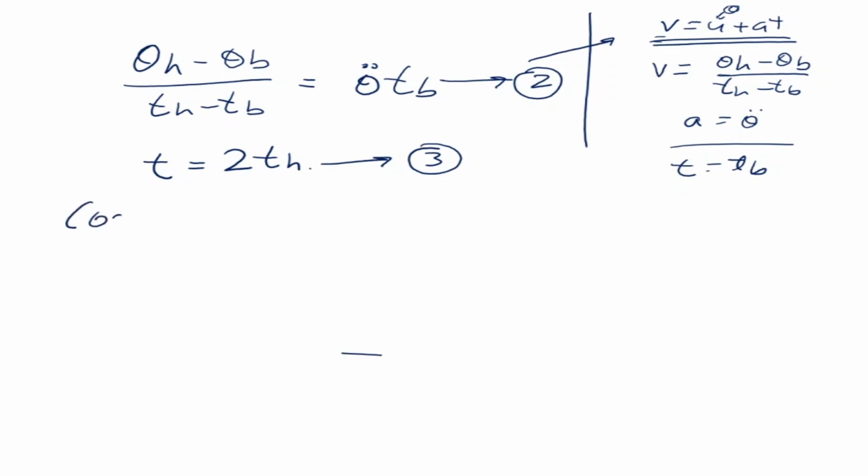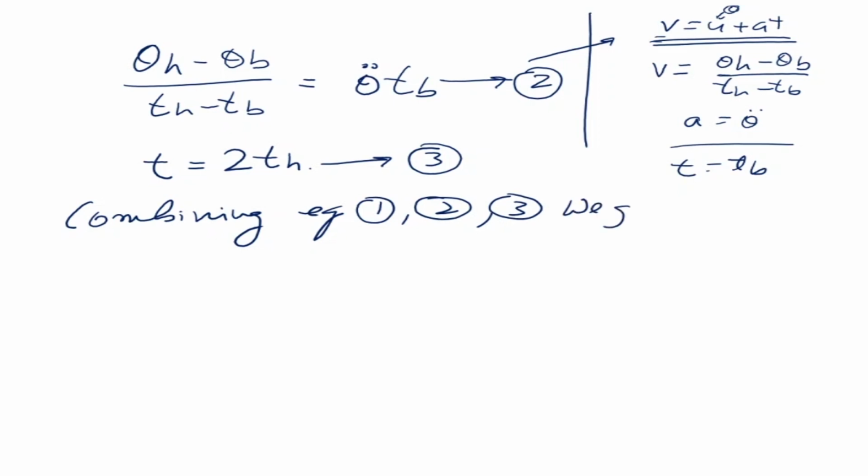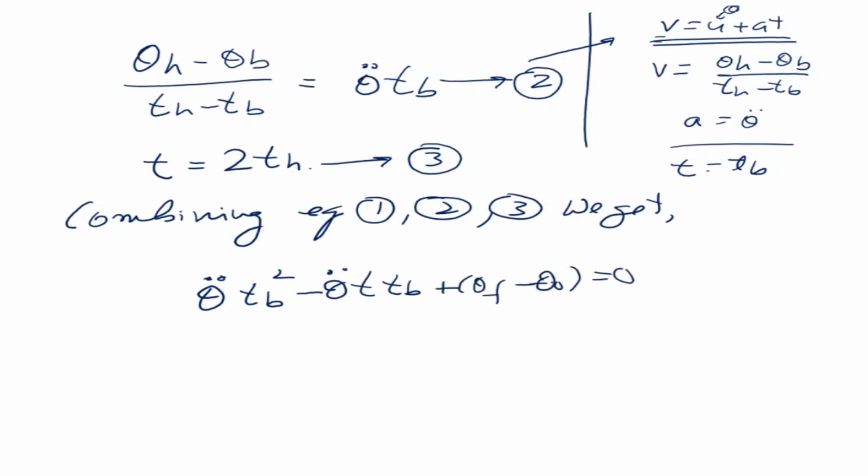So combining equations 1, 2 and 3, we get this equation: theta double dot into tb squared minus theta double dot t into tb plus theta f minus theta naught is equal to 0.